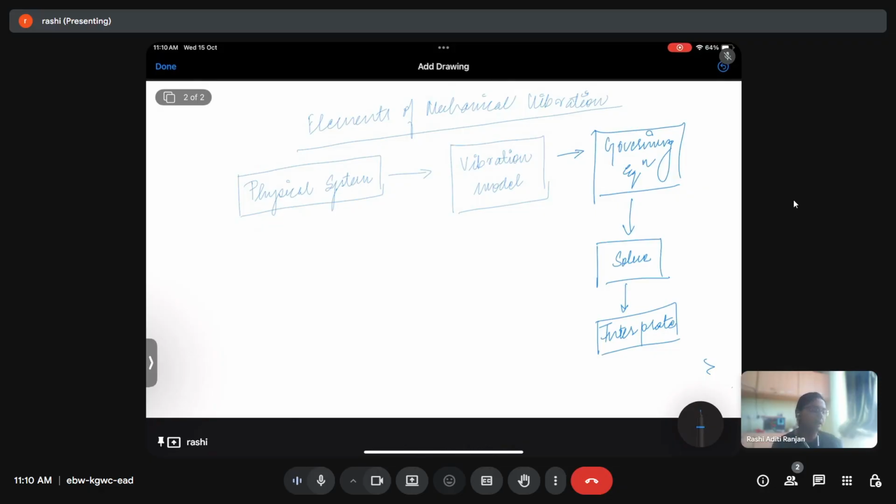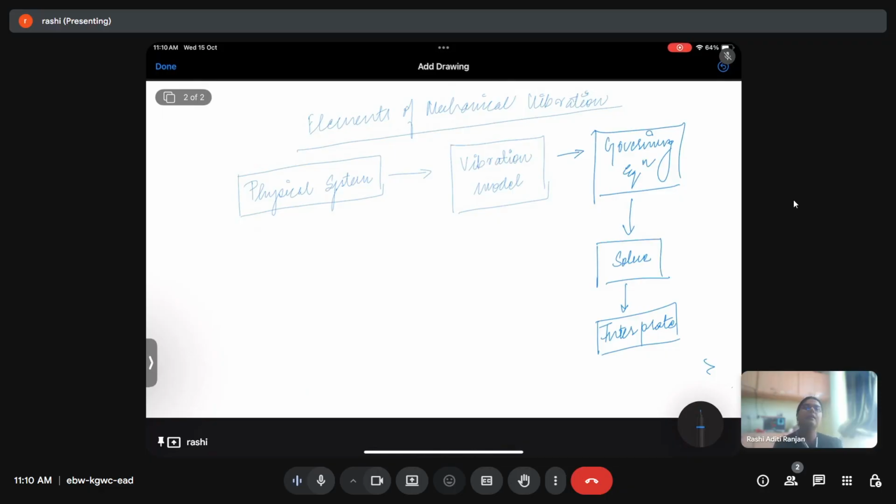Now, there are two things to be kept in mind. During this course, we studied mechanical vibration for a linear system. Not actually for a linear system, but for the linear assumption of a system. Because everything in this world actually follows a nonlinear behavior. But when the range of motion or actuation is very small compared to its physical dimension, then we say that it works in a linear range.